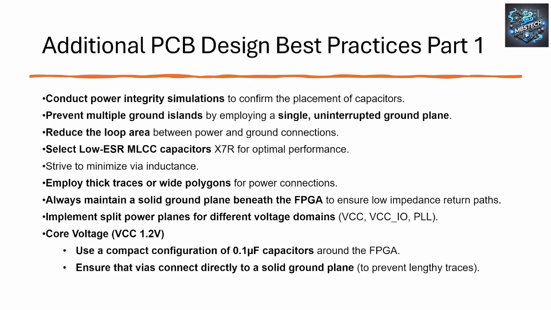The core voltage in an IGLOO2, the VCC 1.2, use a compact configuration of 0.1 microfarads, typically, can be different values, around the FPGA, next to the power pins. Ensure that the vias connect directly to the solid ground plane to prevent lengthy traces. Okay.